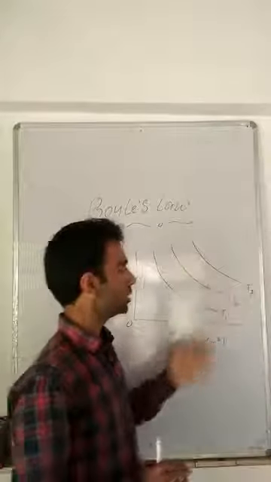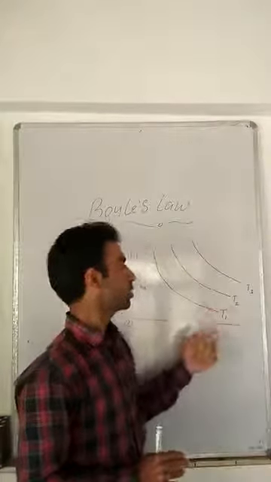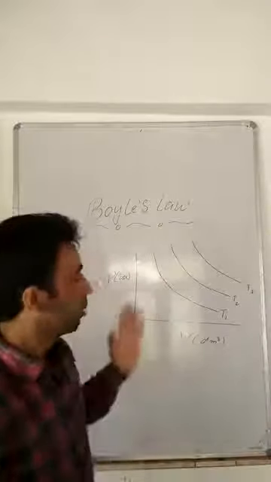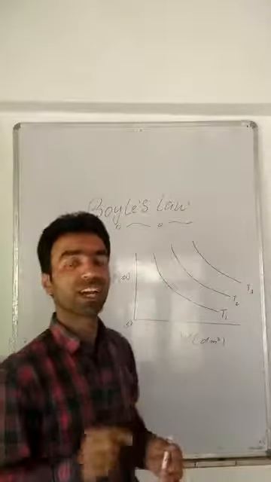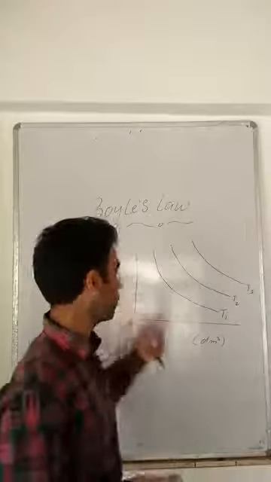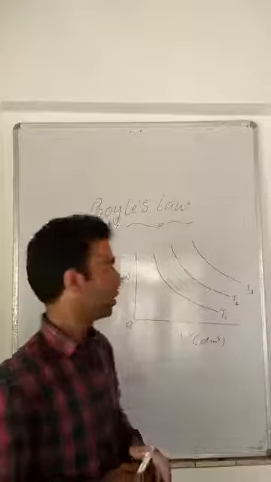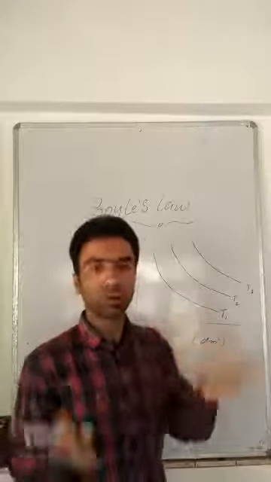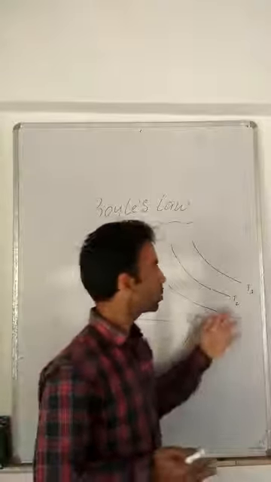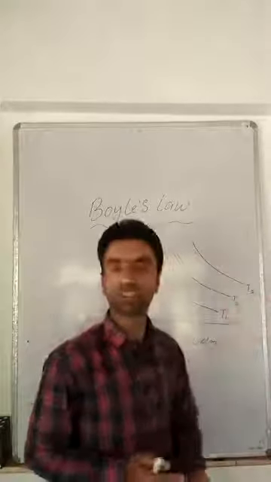Which of the three temperatures is higher: is T1 equal to T2 equal to T3? We know that Boyle's law states that at constant temperature, for a given amount of gas, the pressure varies inversely with volume. So from a layman's point of view, we can say T1 should be equivalent to T2 should be equivalent to T3.